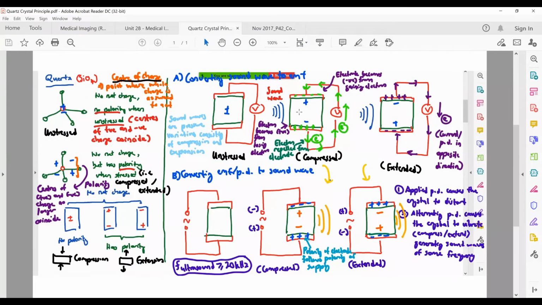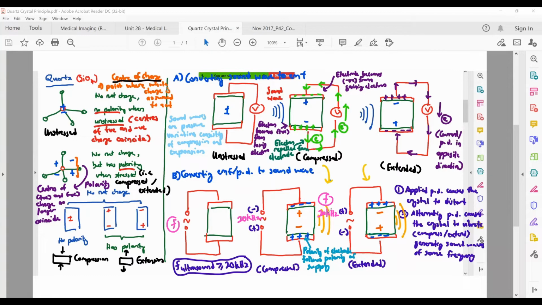Just now I told you that whatever frequency you apply at the supply would also be the same frequency of the sound that you produce. That is correct. So the thing here would be this. If I had 20 kilohertz here, I will also have 20 kilohertz here, which would in turn mean that it is ultrasound.